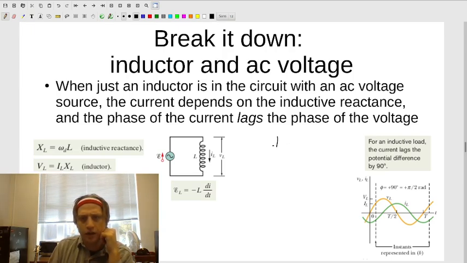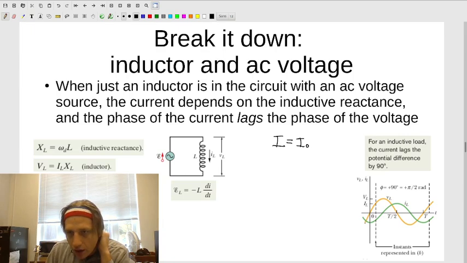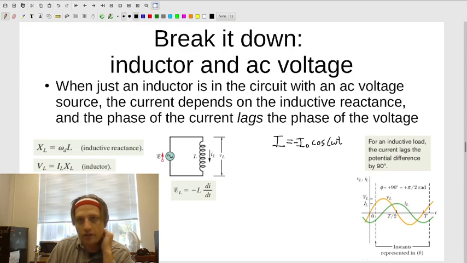What if I put in a current that looks like the current they've given me, which is just I naught times, and this looks like a minus cosine function. Wait, is that right? IL is minus cosine. Okay, so minus cosine omega t.